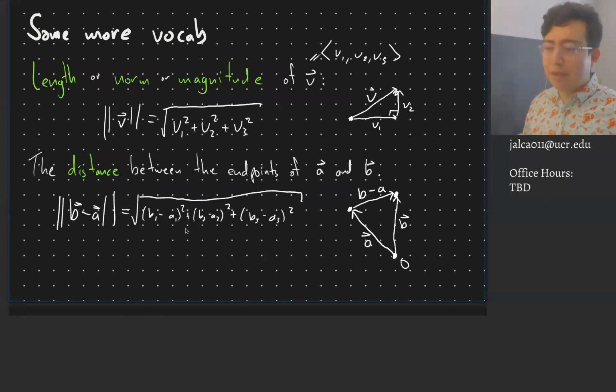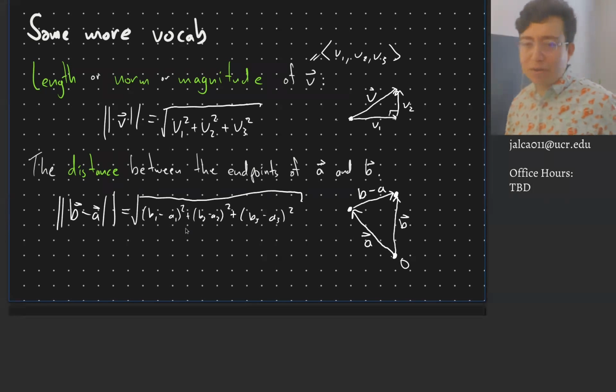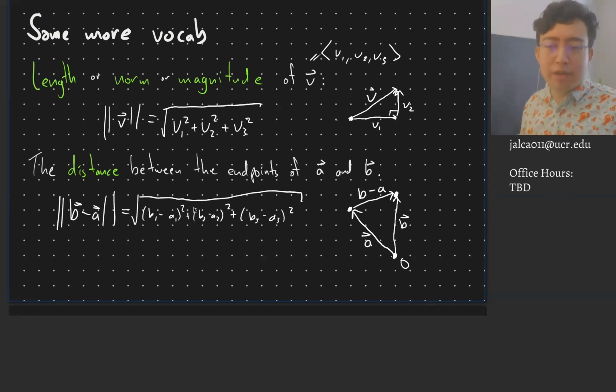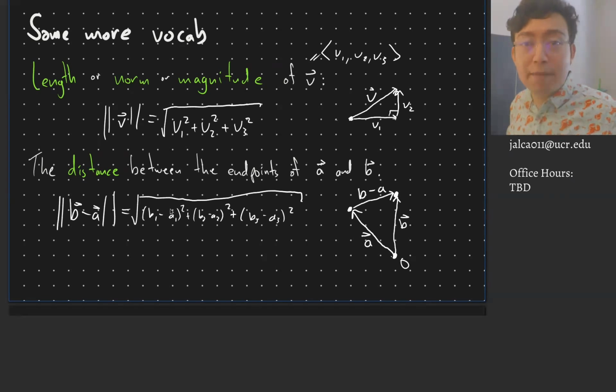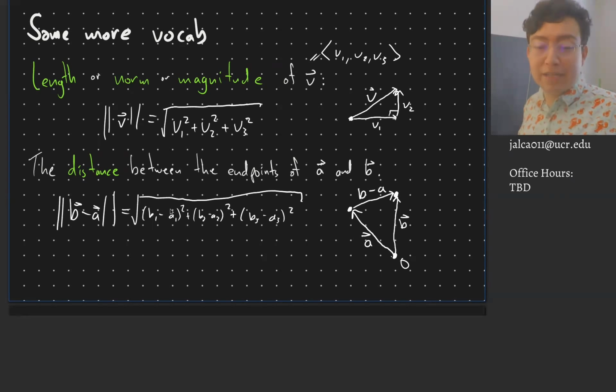Okay. Now, because of the way I drew the picture, I chose B minus A, but I could have drawn the picture the other way and A minus B would have been correct. And what you'll notice here is we're subtracting numbers, but then we're immediately squaring them. So if we switch the order of how we subtract them, all that happens is you get an extra negative, and then if I square it, that negative goes away anyway.